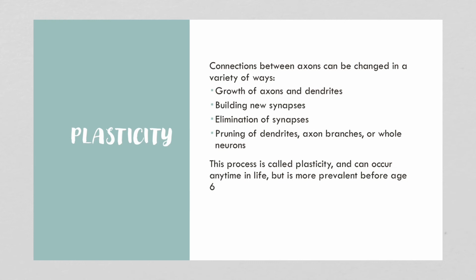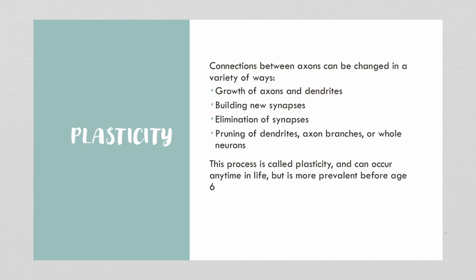And this whole process is called plasticity. So sometimes you may hear that children's brains are plastic. They're not made of plastic. It means that they're flexible and they can alter their connections very easily.